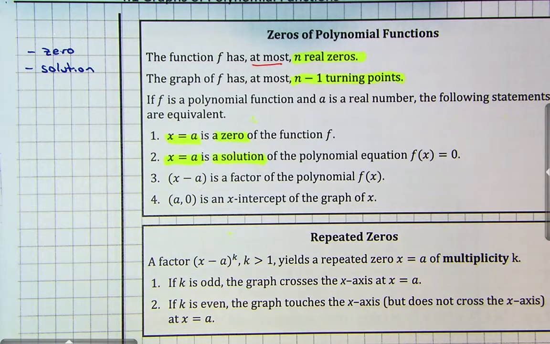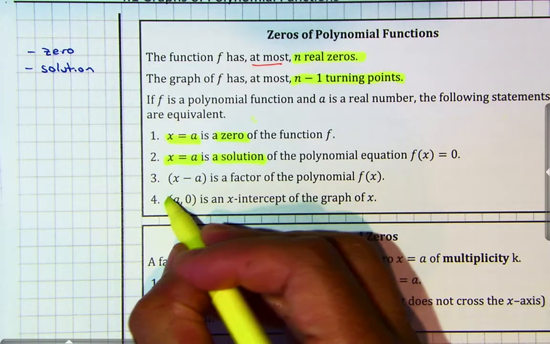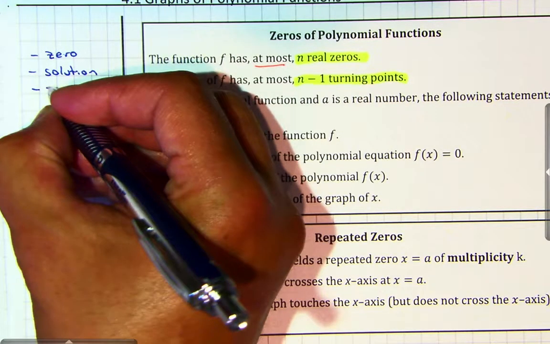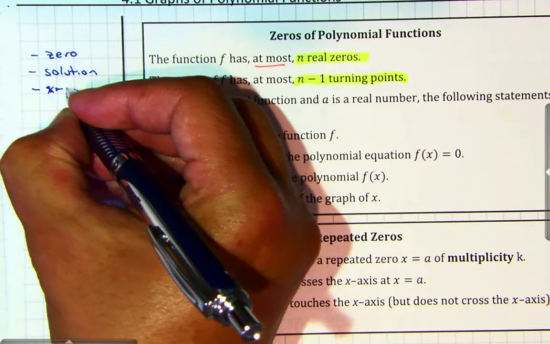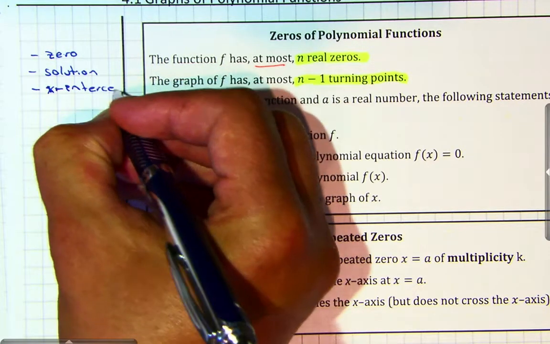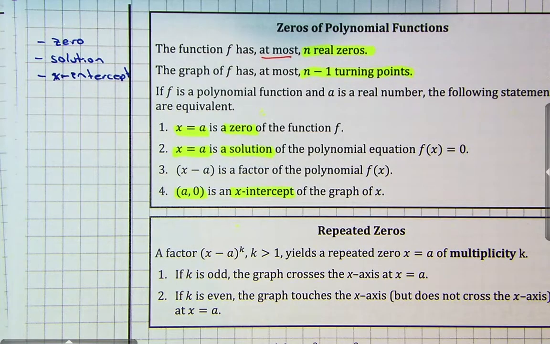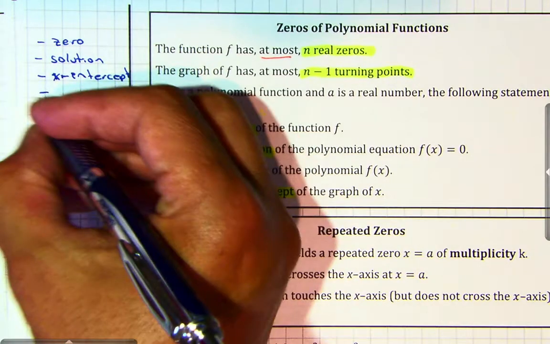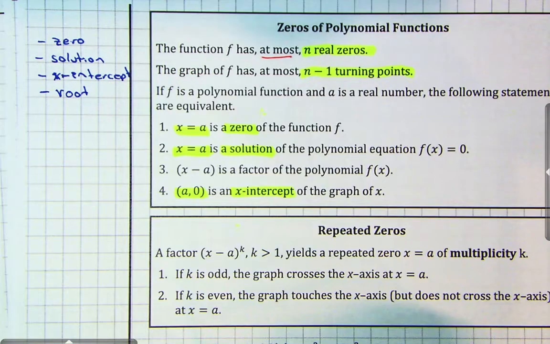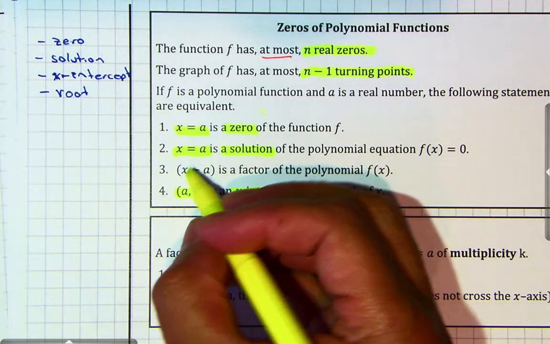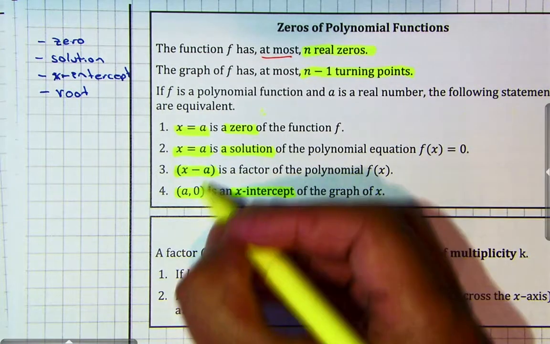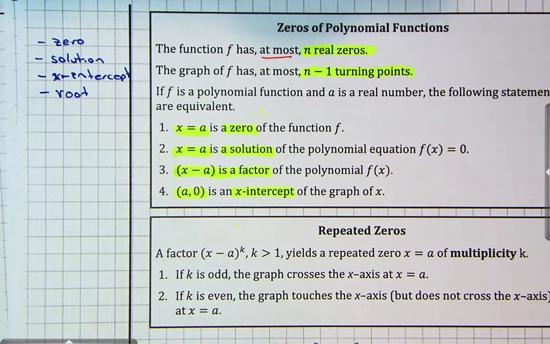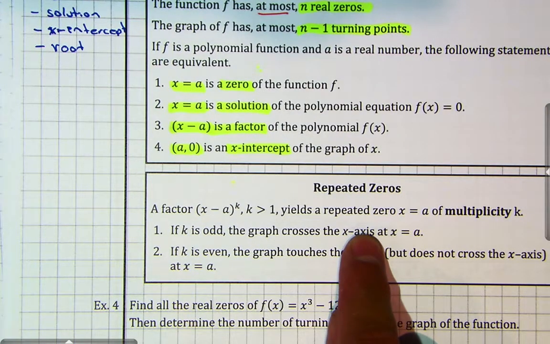Another name for a zero is also the x-intercept. Do you know another name? There's one more way that we call a zero: sometimes we call them a root. And then the last one is x minus a is a factor, just like we talked about in example number 3, of the polynomial.